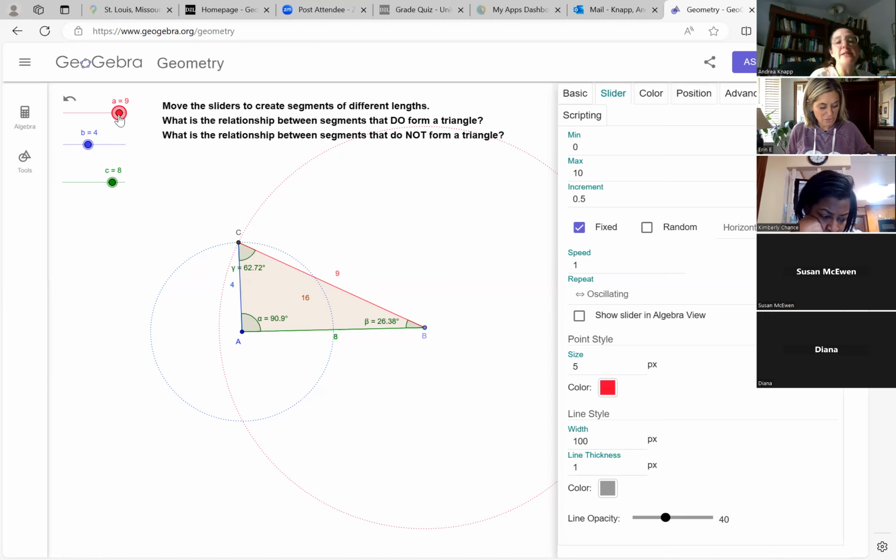So if you have 3 sides given, can you make a different triangle with those same length sides where the angles are different? Or is it unique?